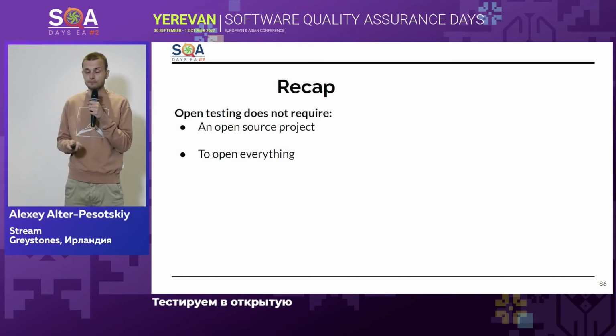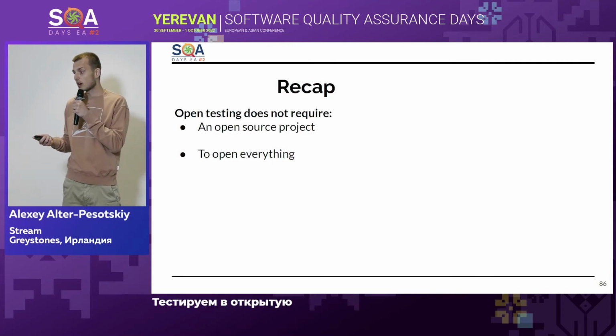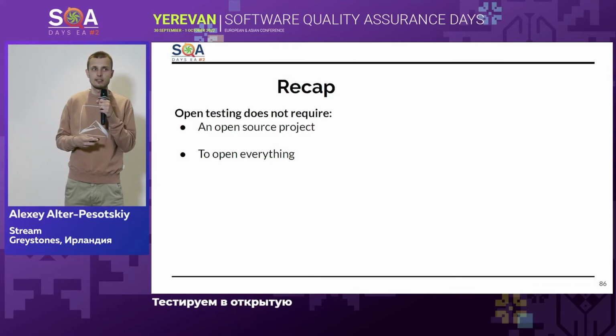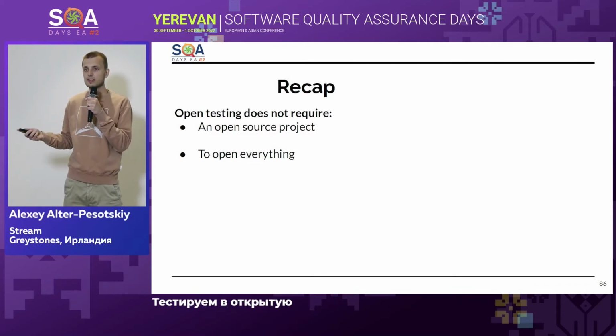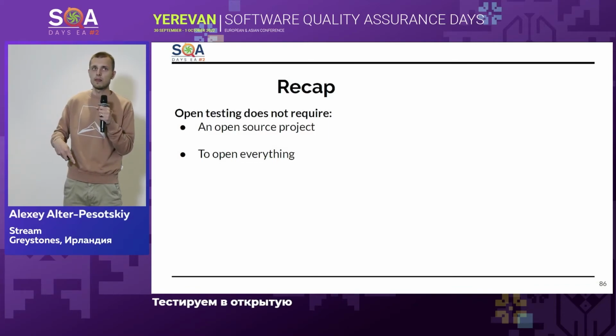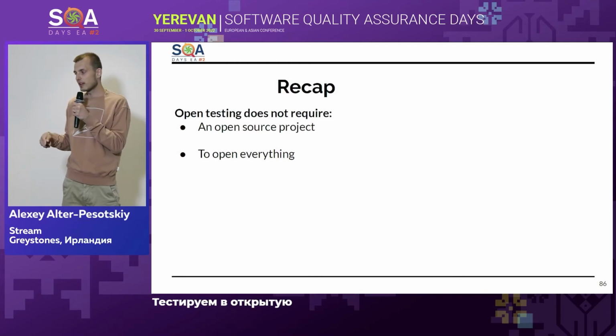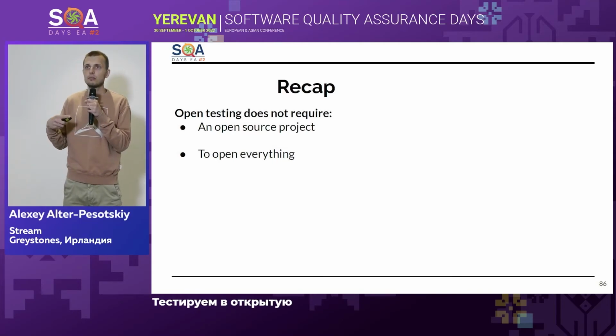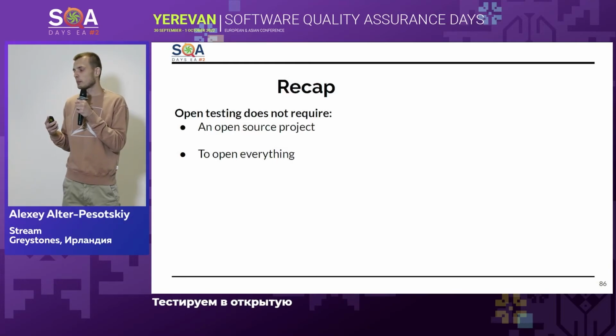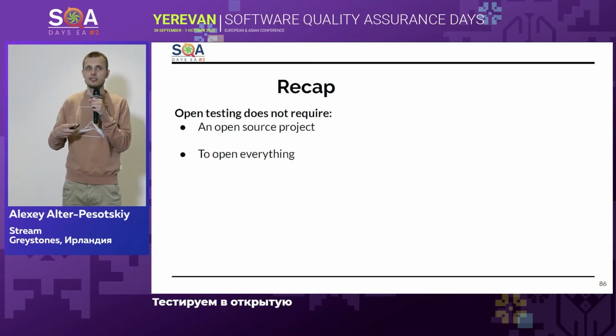Okay, just to recap, open testing doesn't require an open source project and to open everything. As I said, feel free to start from simple things like share everything with the team, share everything on the company level, then try to maybe open your test reports or testing coverage.